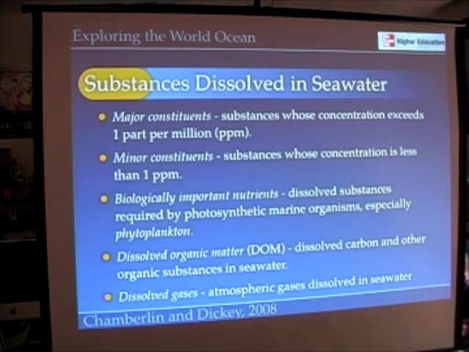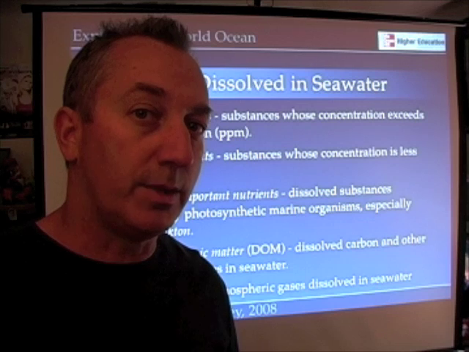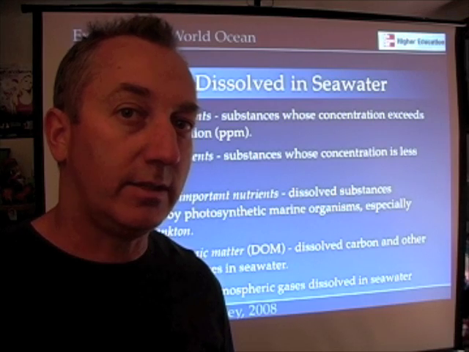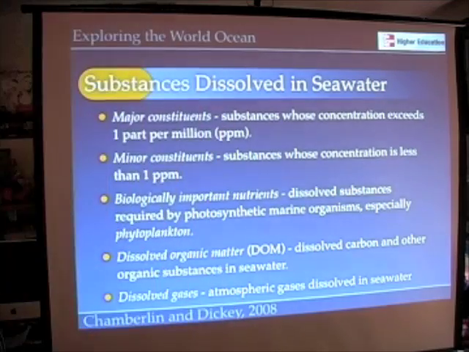A really important group of compounds that's often overlooked in certain textbooks are what I call biologically important nutrients. These are those few nutrients that I talked about earlier, the ones that are important to microbes, like iron and nitrogen and silica. Those kinds of things are really important, so keep those biologically important nutrients in mind.